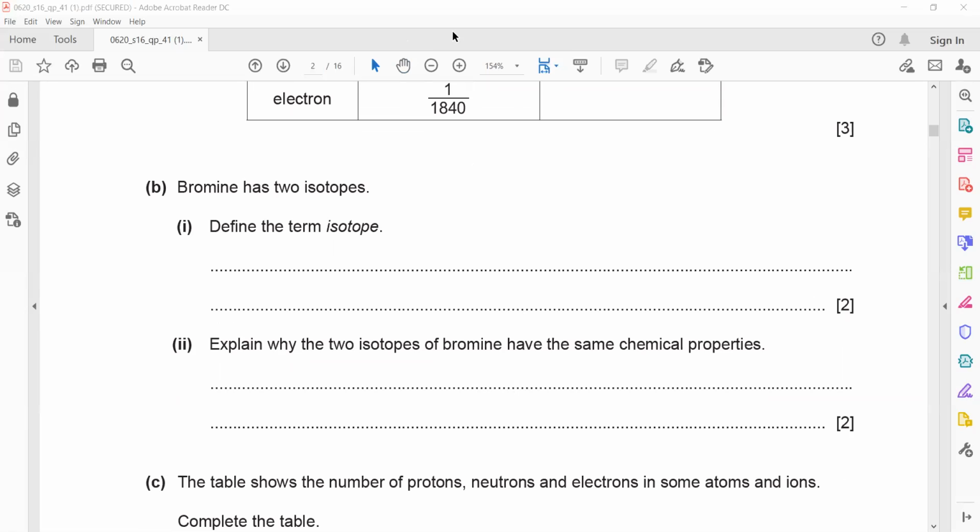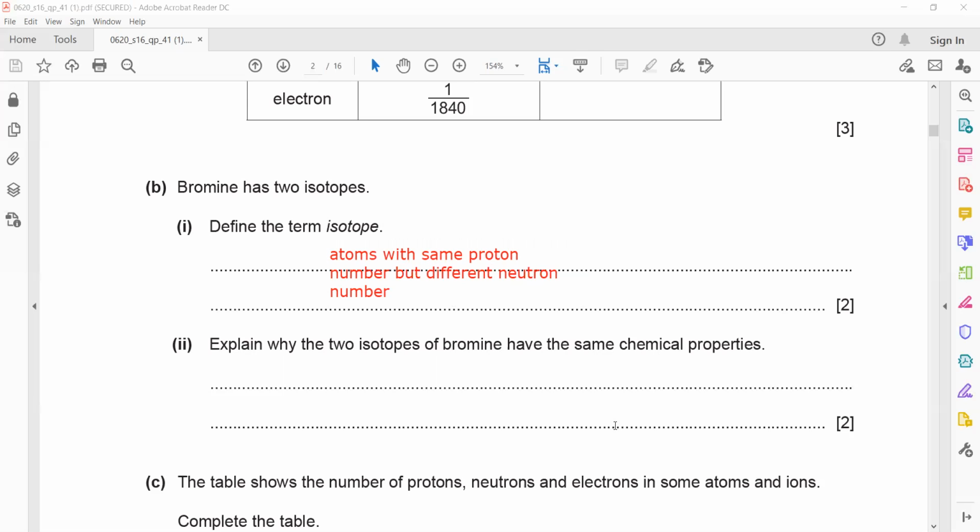Yeah, so atoms of the same element with different neutron number but the same number of protons, or you can say different atomic mass, same atomic number, are called isotopes.